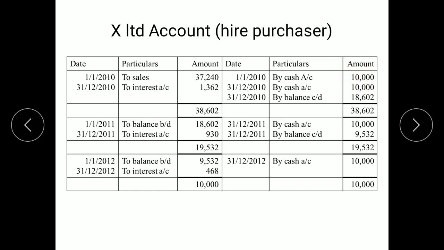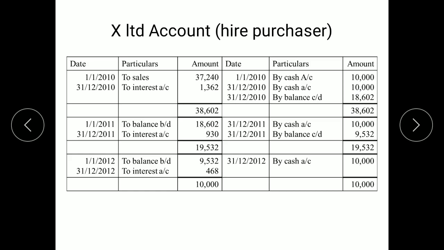Then at the end of the year, interest becomes due. So when the interest is due, entry on debit side to interest account, first year's interest 1,362. Again at the end of the first year, installment was received. So 31st/12/2010 by cash account with the amount of installment received. Here debit side is more, credit side is less, hence the difference will come on credit side, 18,602.